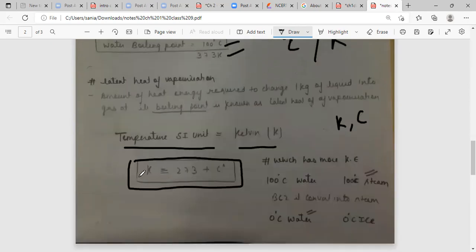You will write the relationship, make a box and write it: K equals 273 plus C. On the basis of this, you'll get numericals in the exam where they'll give you the value in Kelvin and you have to find the value in Celsius, or they'll give the value in Celsius and you have to find the value in Kelvin. We will solve the numerical, just write down the equation.